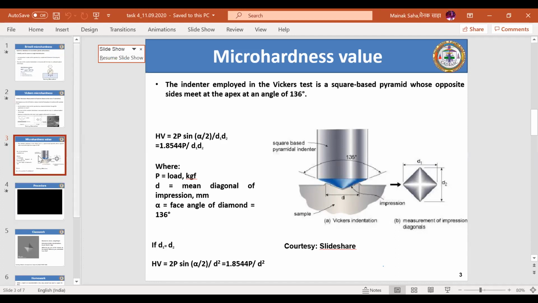So most of the labs, even if you go to most of the mechanical deformation labs, tensile testing comes much later. First, when they do the hardness testing, they mostly try to report the values using the Vickers microhardness values. Most of the people don't rely on this brittle microhardness testing. Why?